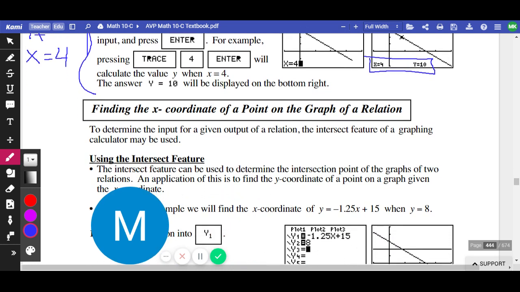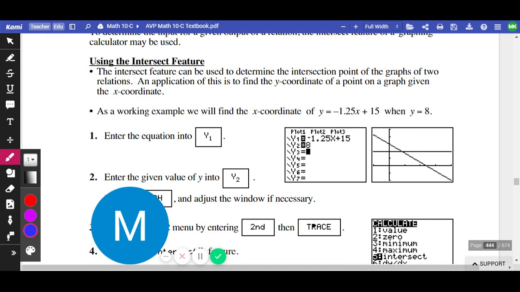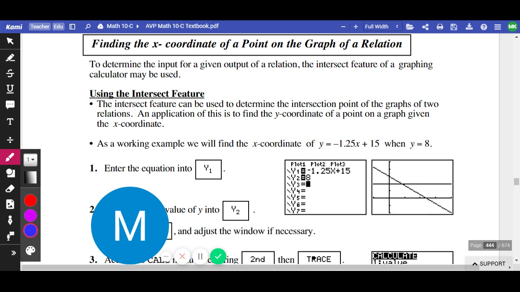Awesome. Finding the x coordinate. Finding the input when you have an output given to you. So now going the other way. This question is going to be find x if y equals 8.